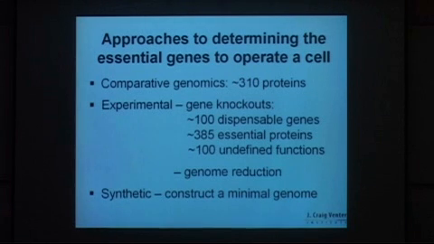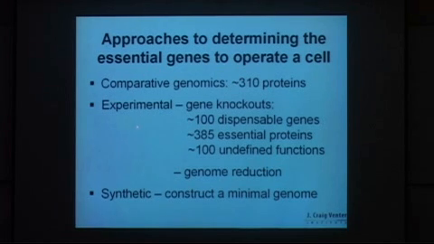Minimum gene sets have been estimated at around 300 based on comparative genomics approaches. And this started off by comparing the genomes that were available, Mycoplasma genitalium and Haemophilus, but the approach is much more interesting now that we have about 15 different Mycoplasma genome sequences.